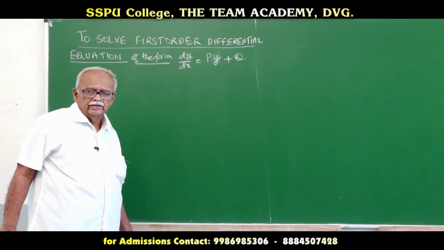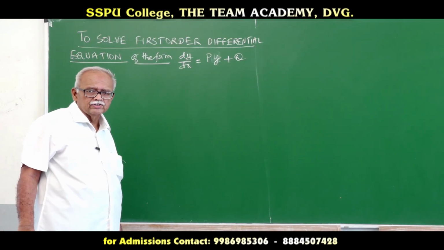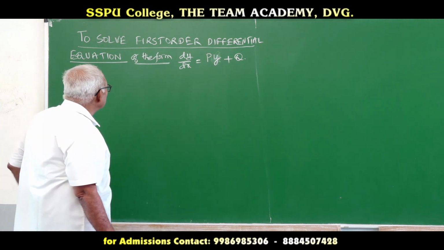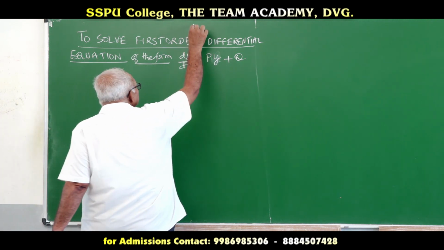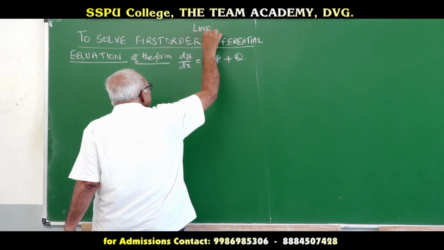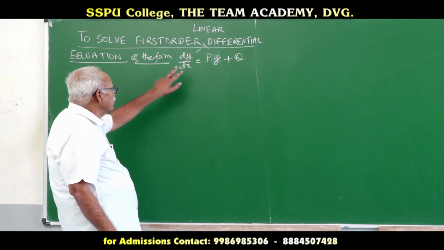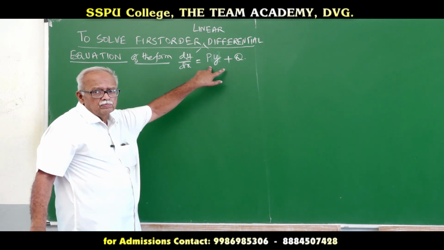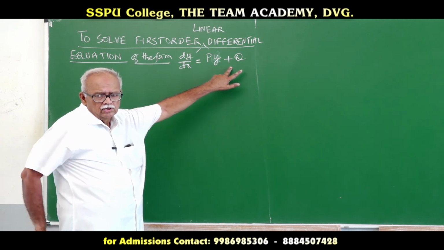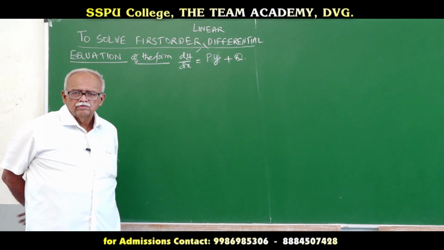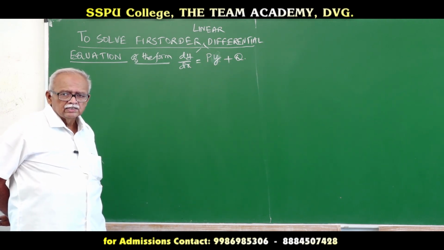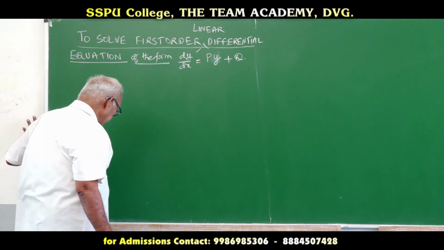So, next, the last in differential equation is linear first order differential equation of the form dy by dx is equal to p of y plus q. Now we will define what is a linear first order differential equation.